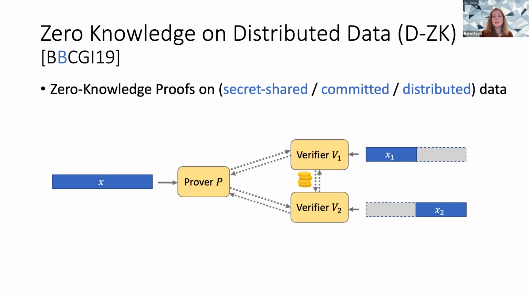They could be, for example, additive secret shares or some linear secret shares of parts of X. They can also just be actual pieces, like maybe verifier number 1 knows the first symbols of X, verifier number 2 knows the second symbols, and so forth. More generally, what we need is that there's some sort of linear expression that combines what's being held by the different verifiers to reconstruct the statement X.